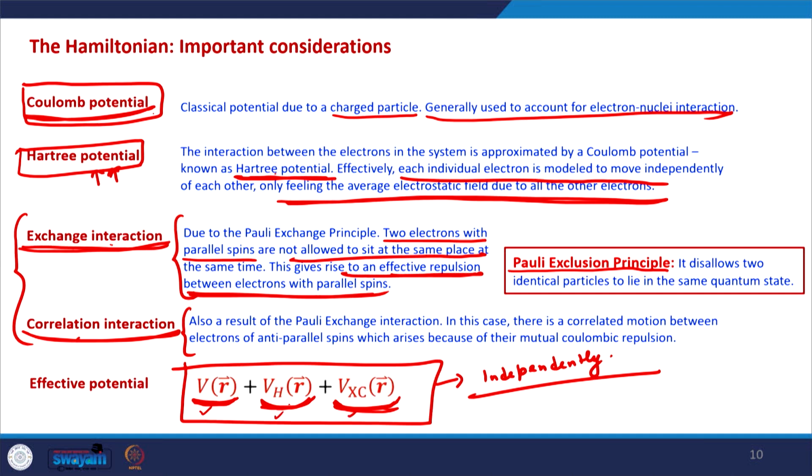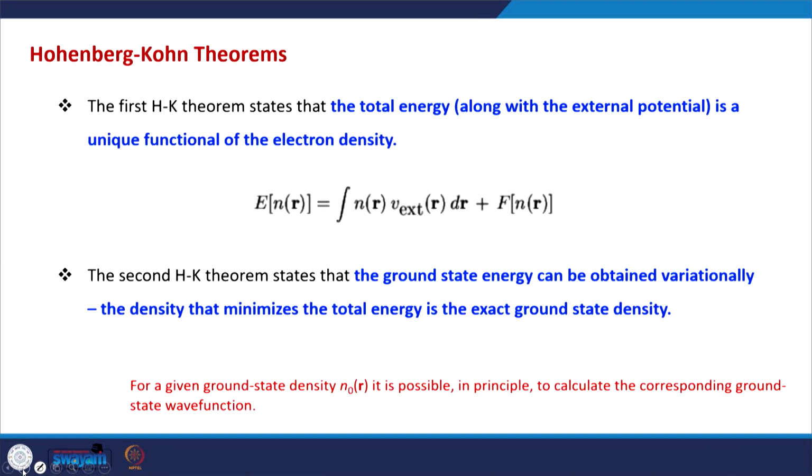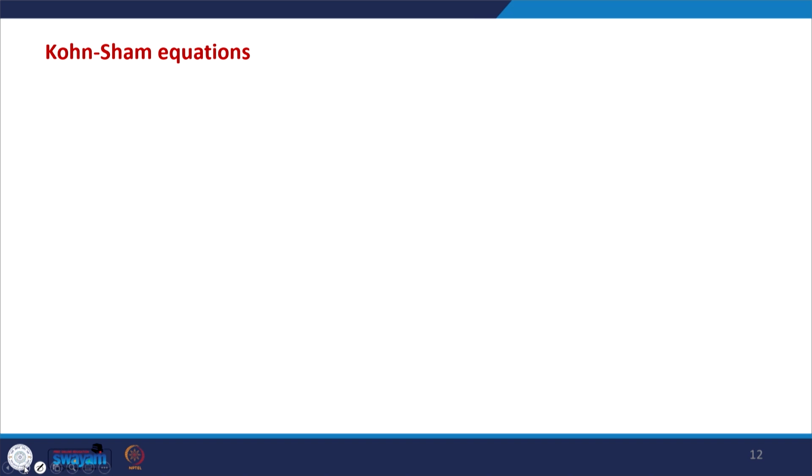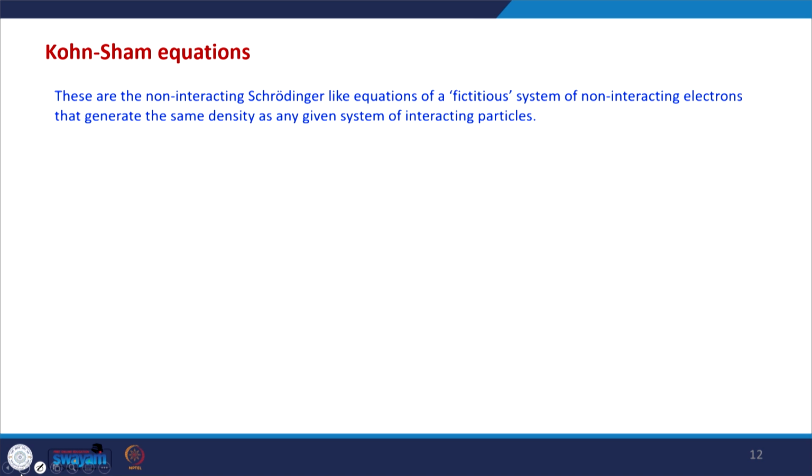With this, now we come back to the HK theorems. The thing here was that we do not know how to calculate the electron density function, and that problem was solved by Kohn and Sham in 1965 by what is known as the Kohn-Sham equations. The Kohn-Sham equations are the equations for non-interacting electrons in a way.